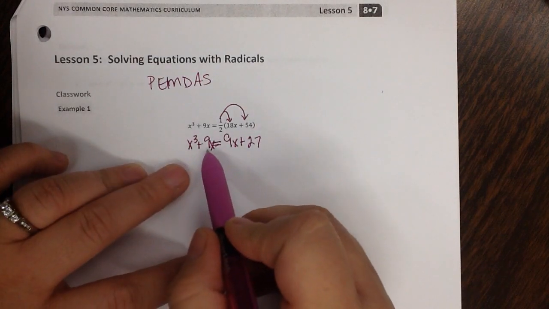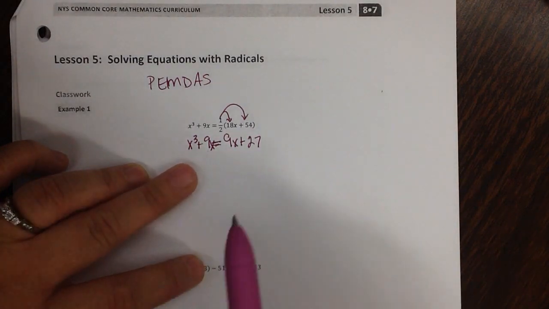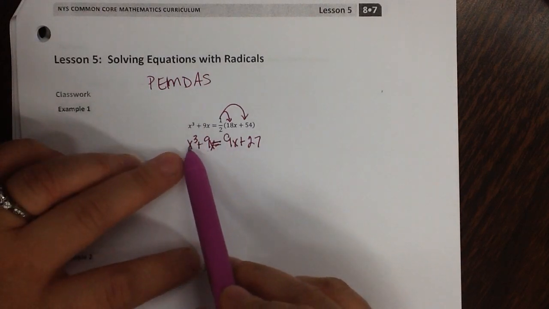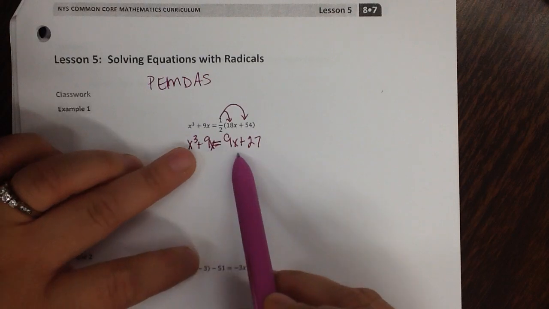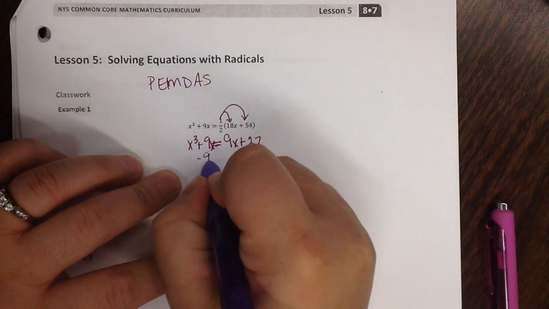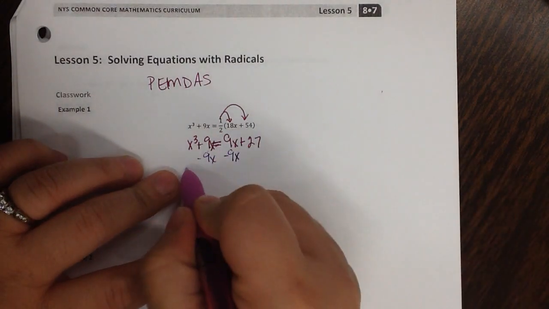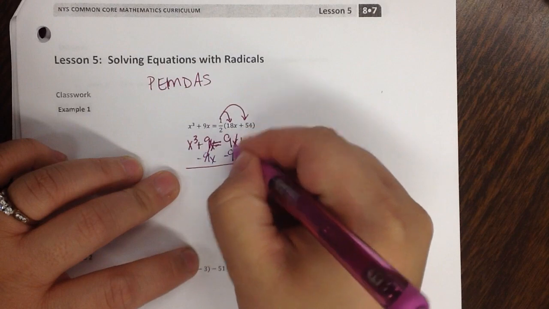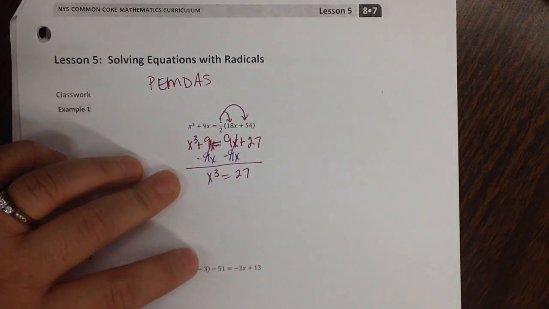Okay, I want to get the x to the third by itself. So I want to get rid of this plus 9x. And because it's on both sides, I will subtract 9x from the left and from the right. So then these cancel. I have x to the third equals 27.